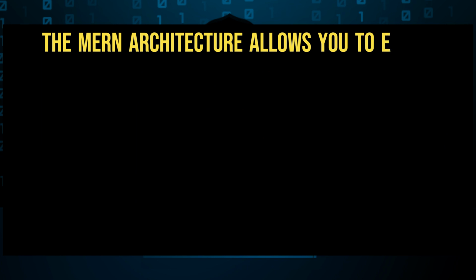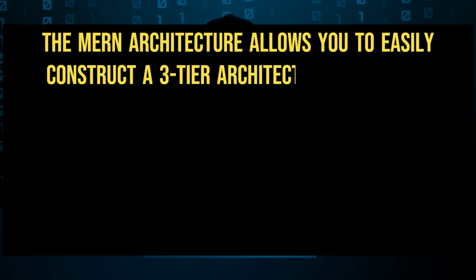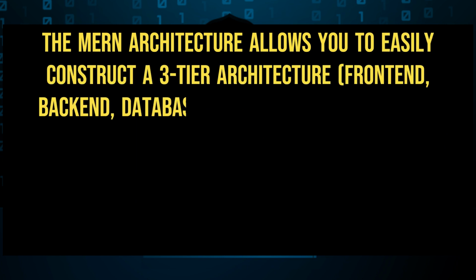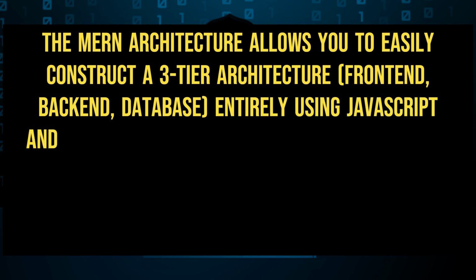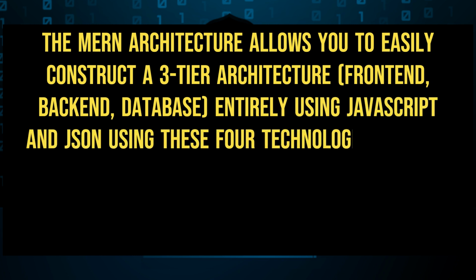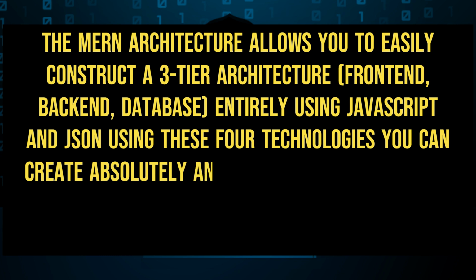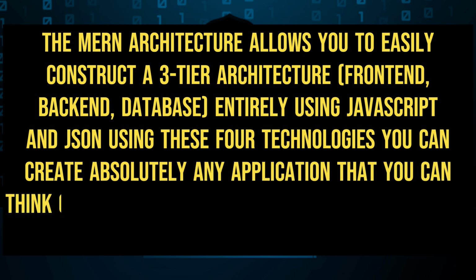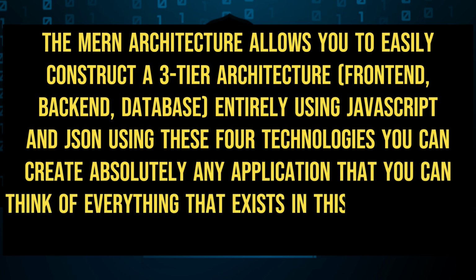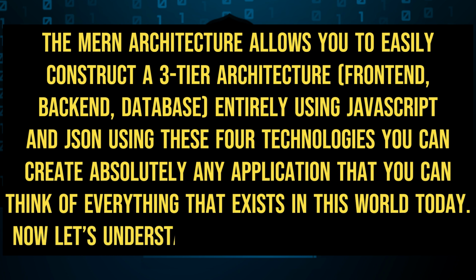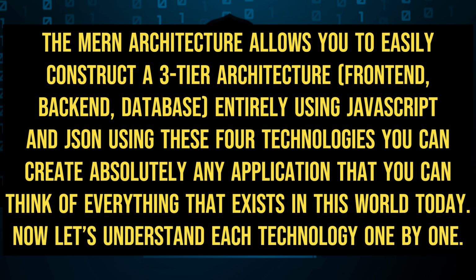The MERN architecture allows you to easily construct a 3-tier architecture, front-end, back-end, database, entirely using JavaScript and JSON. Using these 4 technologies you can create absolutely any application that you can think of, everything that exists in this world today. Now let's understand each technology one by one.